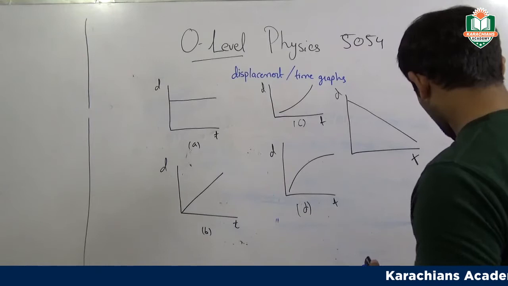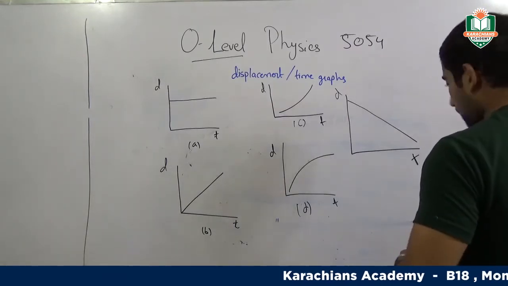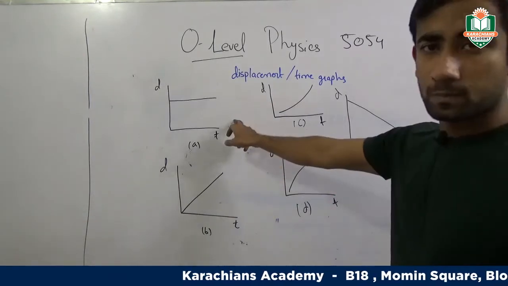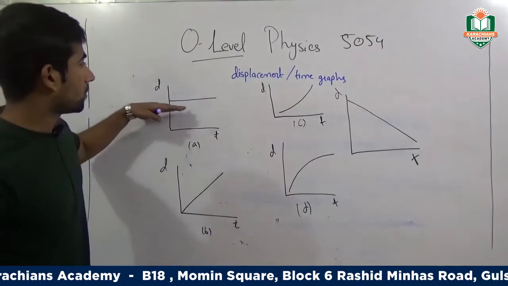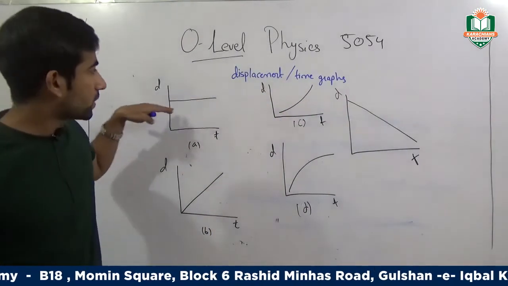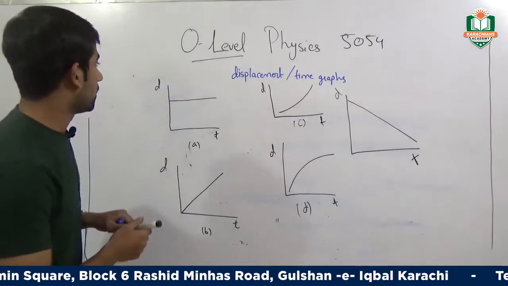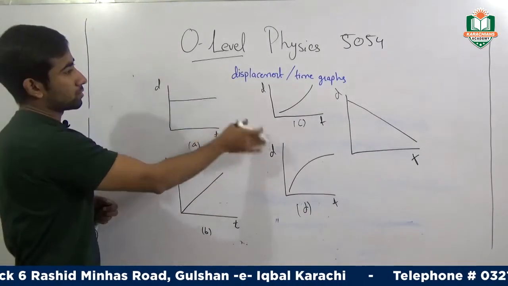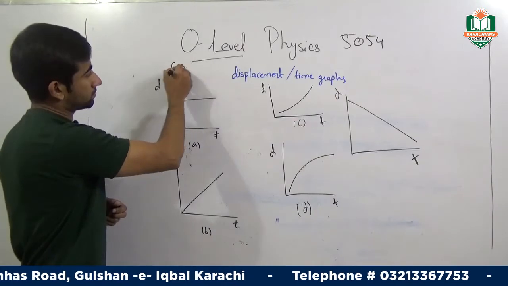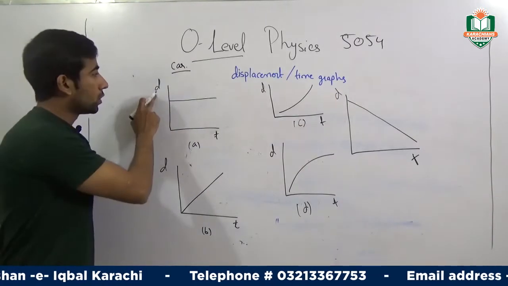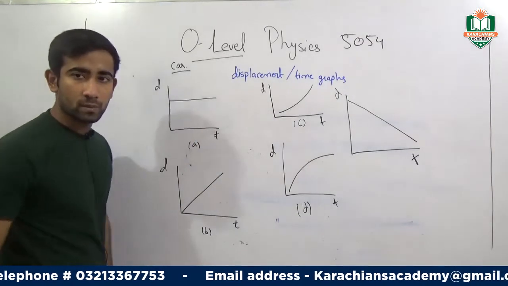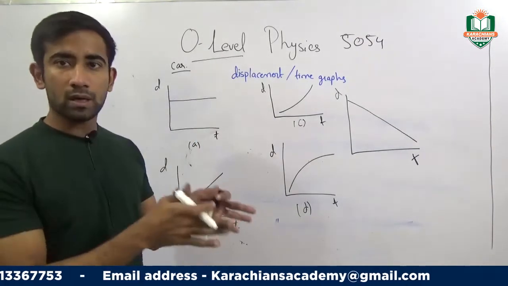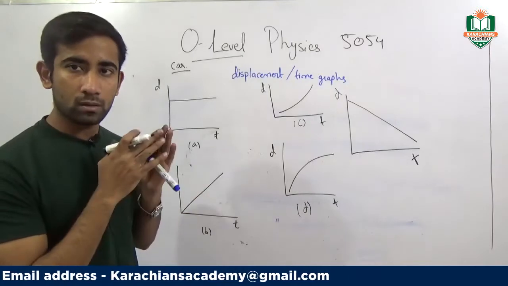Okay, so moving on, in this case the graph is horizontal and parallel to the x-axis, and let's say the object we are discussing here is a car. So displacement is not changing, but time is moving on, so this means the car is at halt.